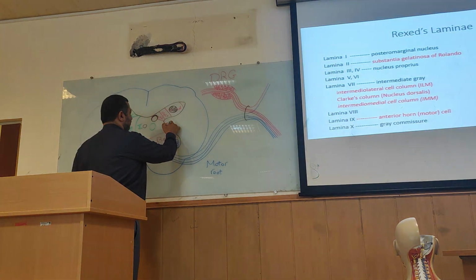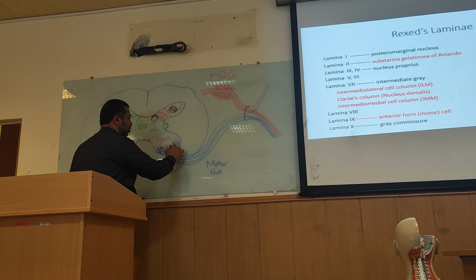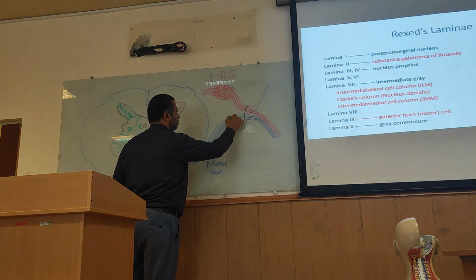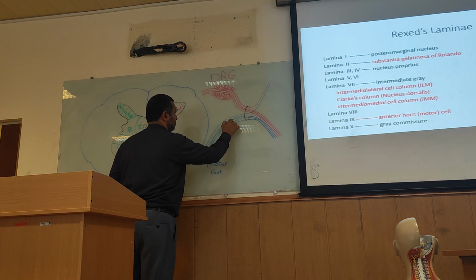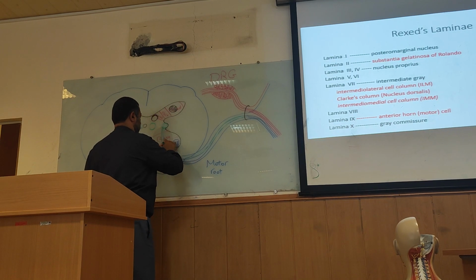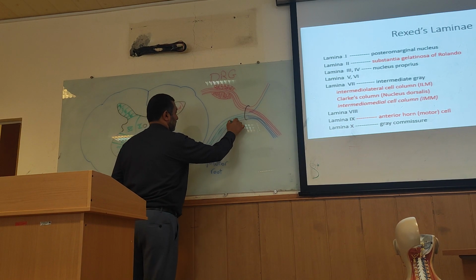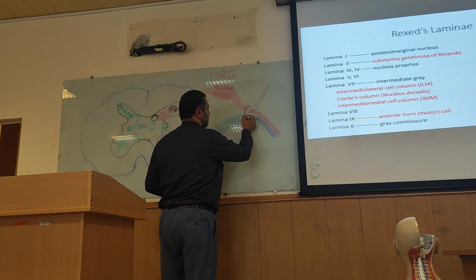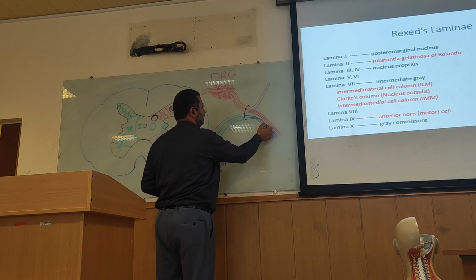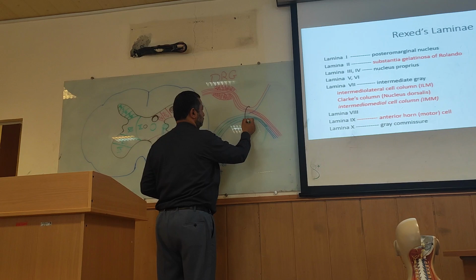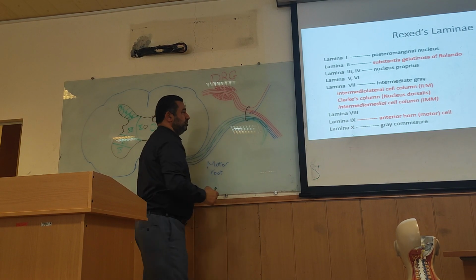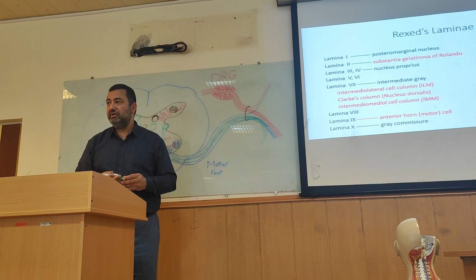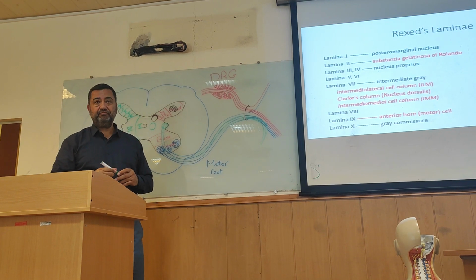These myelinated nerve fibers go to the anterior root, and then to the anterior branch.